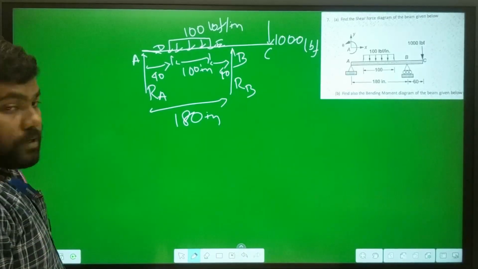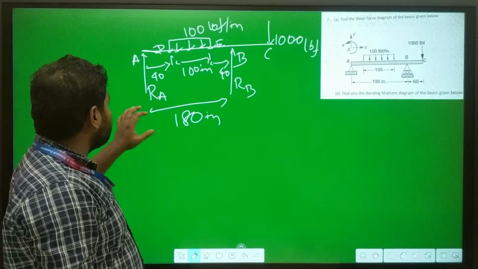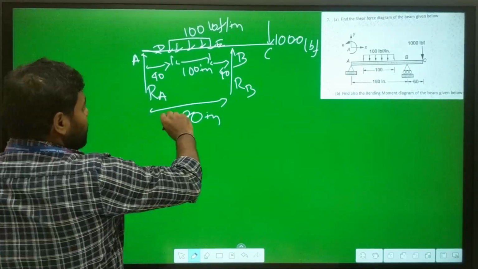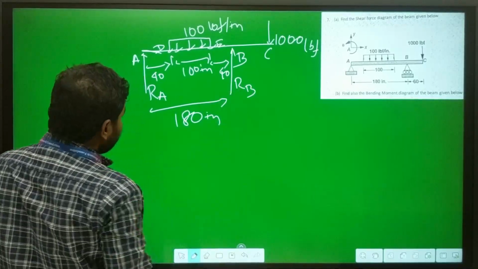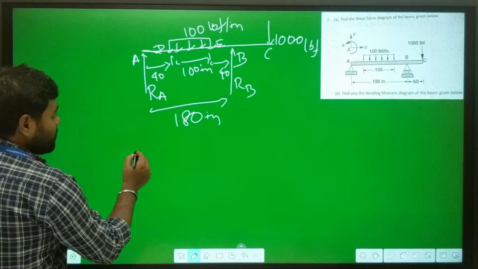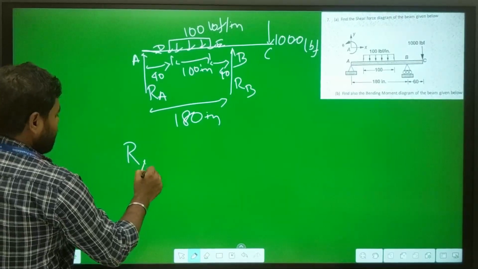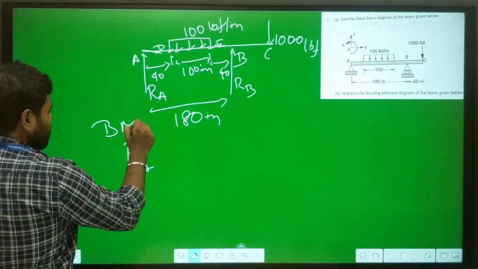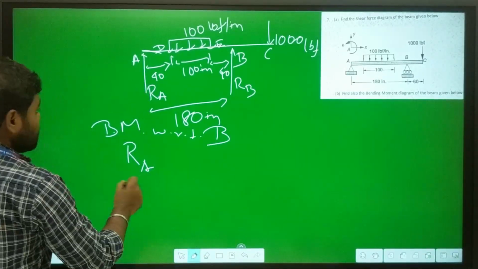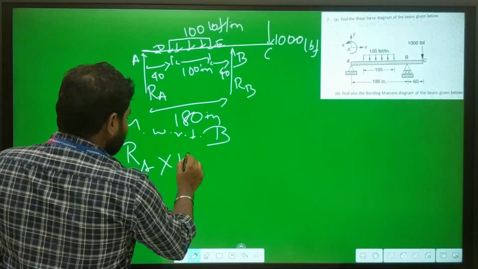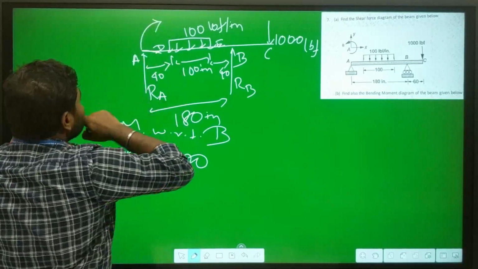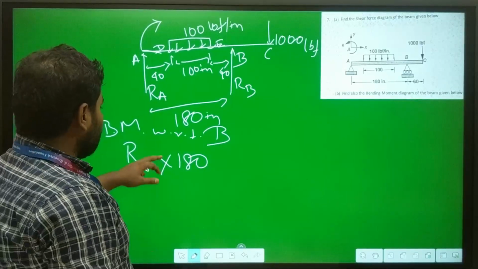Okay. So for the shear force diagram, we have to first find out the reaction forces, that is RA and RB. To determine RA, we take the bending moment with respect to point B. That is RA into the distance 180, and this will be in clockwise direction.